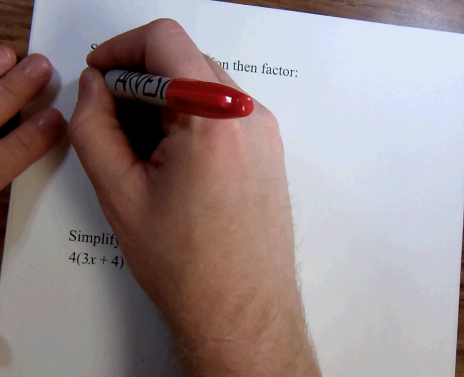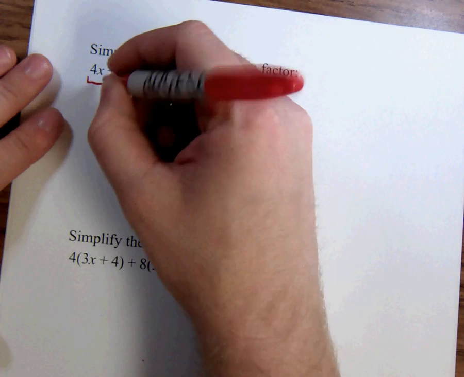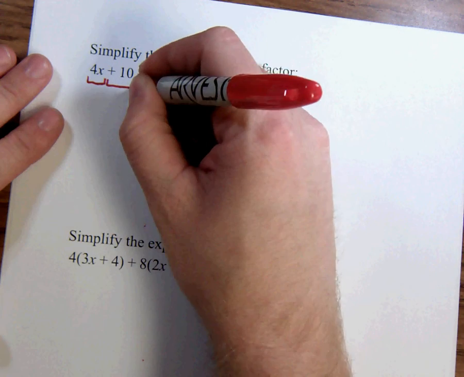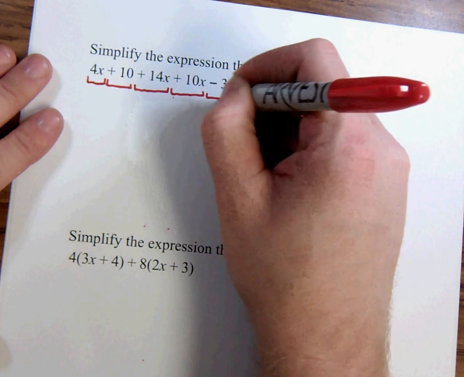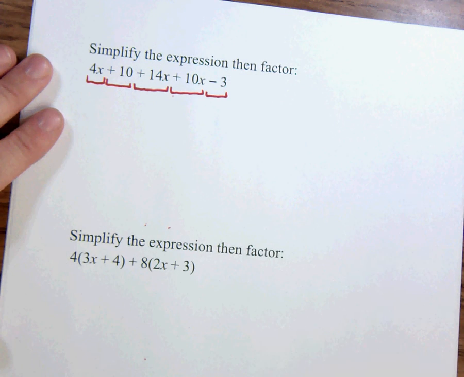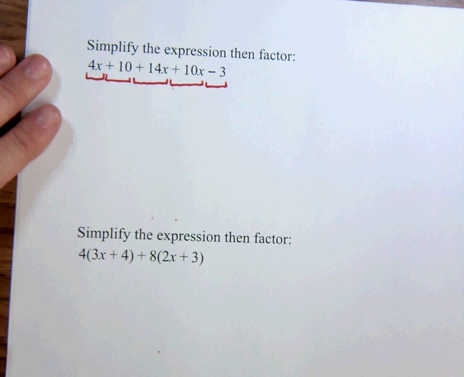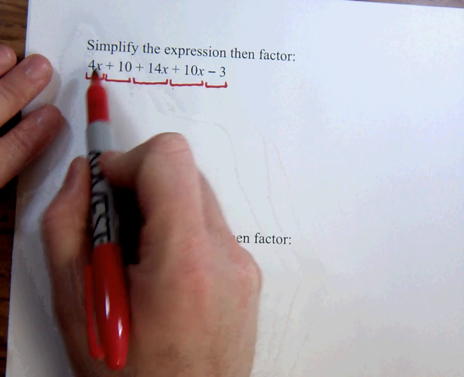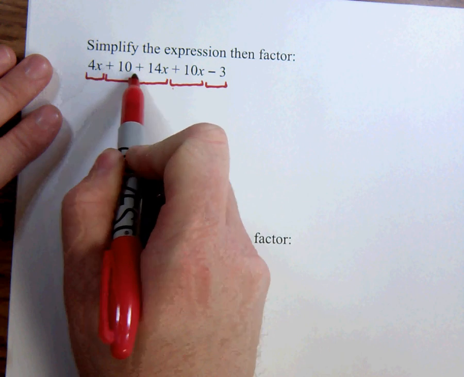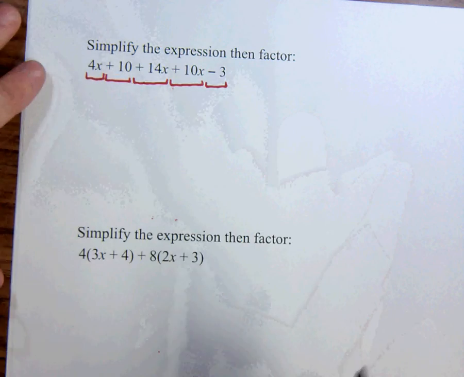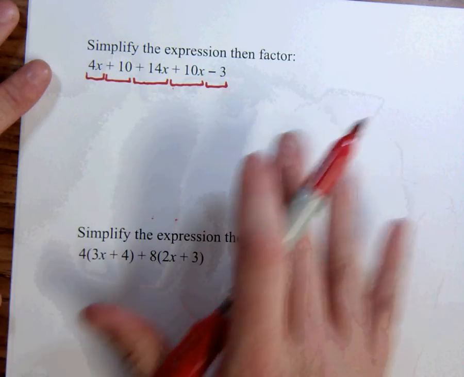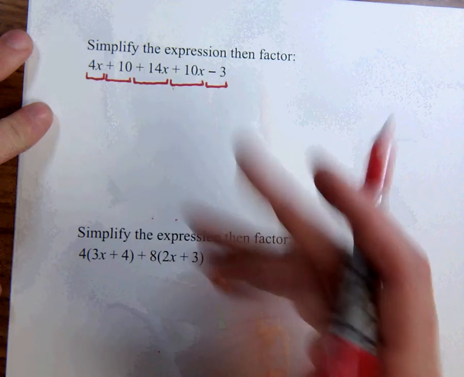So the first thing I'm going to do is break this up into all its terms, and that just helps me visually see what I have to deal with. So I broke it up. I put a little mark between all the signs of the terms and the terms themselves. So now I'm going to rewrite this with all my like terms together. And I'm going to start with my variables first.